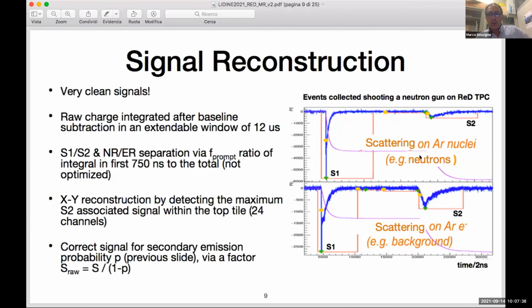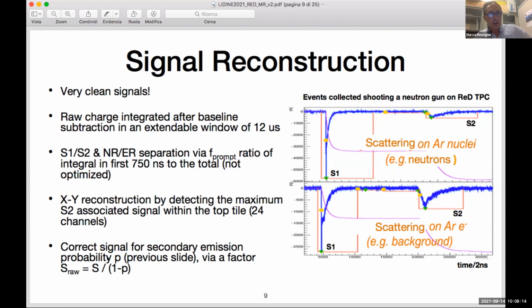Here are two nice events in runs where a neutron gun was used to study nuclear recoils. Here you see some background and also a neutron, and you can see by eye, in principle, if you are familiar with liquid argon, the separation using pulse shape discrimination, both for the S2 over S1 and the scintillation light distribution.